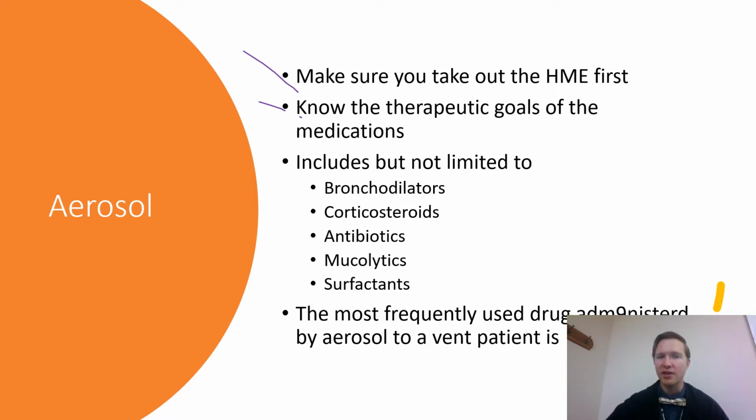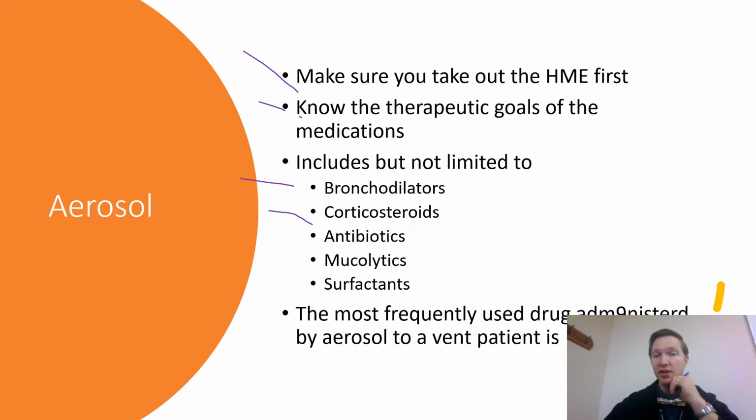So things that we look at are things like bronchodilators, very, very common. The most common medication given to someone on mechanical ventilation is going to be a bronchodilator. So it's not limited to those, but that's the most common one you'll see, especially with respiratory patients. A lot of times that's what we're looking at giving to them. Inhaled corticosteroids, right?